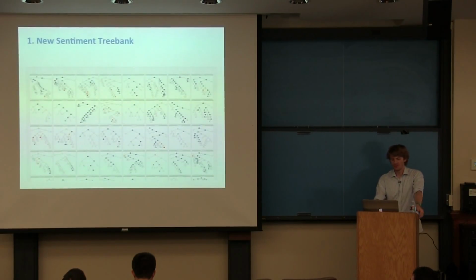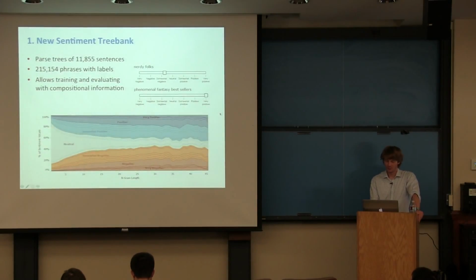And so what we did is basically we went on Amazon Mechanical Turk, and we collected for all the parse trees of the original Pang and Lee data set all the phrase labels with this kind of interface. We basically just showed people for a specific subphrase, you have a little slider, and you'd say, how positive or negative do you want this to be?